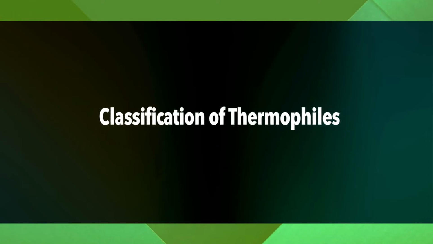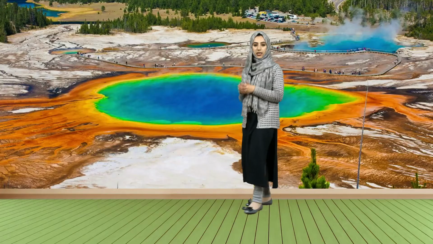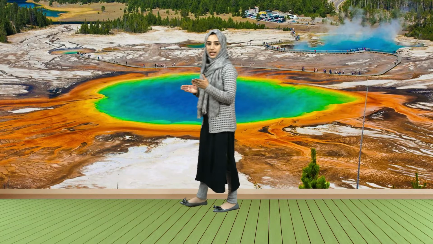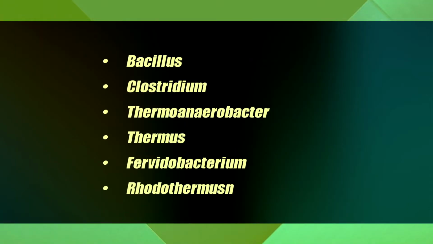Now, we will discuss the second objective of our topic, that is classification of thermophiles. Thermophiles can be generally classified into moderate thermophiles, extreme thermophiles and hyperthermophiles. Extreme thermophiles growing optimally at 60 to 80 degrees are widely distributed among the genera Bacillus, Clostridium, Thermoanaerobacter, Thermus, Fervidobacterium, Rhodothermus.